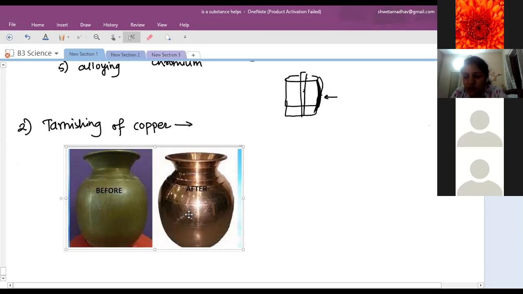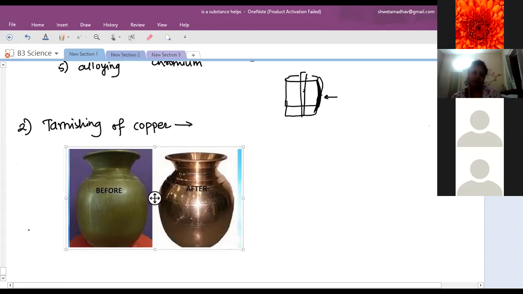When exposed to air, it combines with carbon dioxide and moisture and is converted into compounds of copper, due to which the green coating is formed over the metal article. Right? So this is what we call tarnishing of copper.